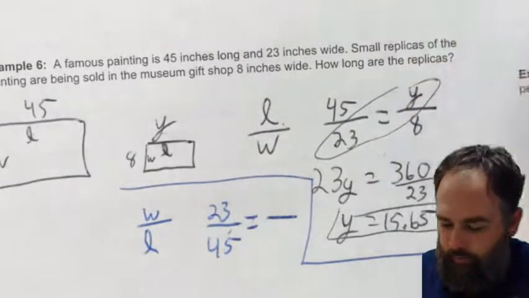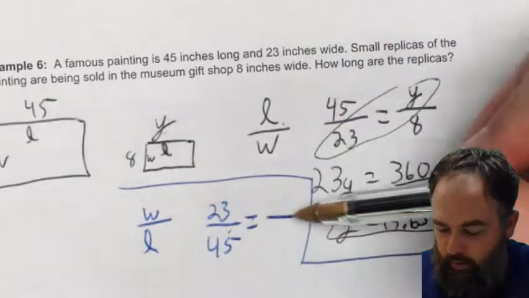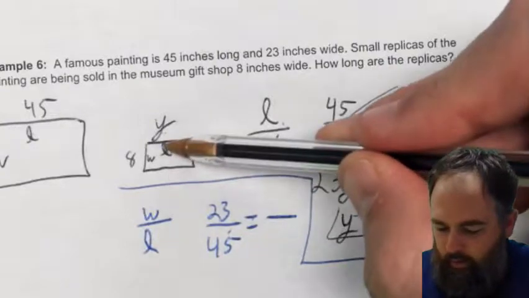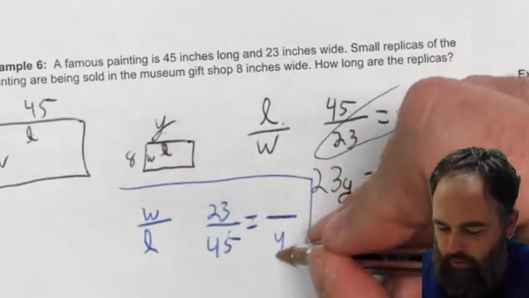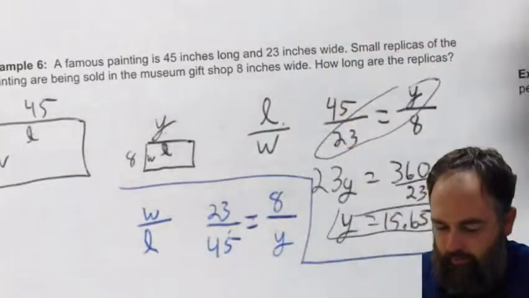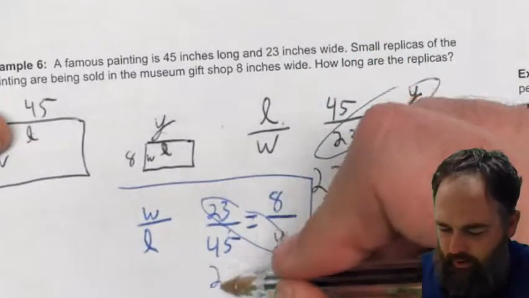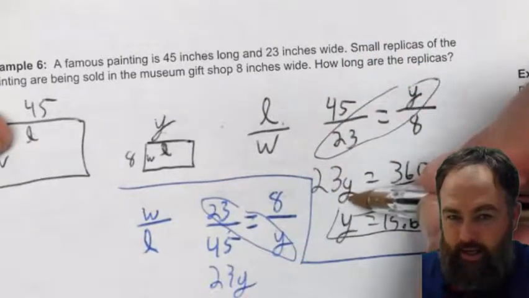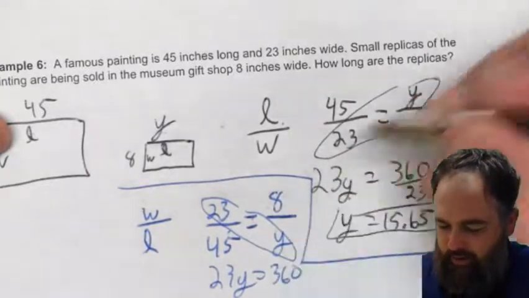All right, so let's try this. Hope you all got that right. Again, another pretty easy one. y is for the length, and length is on bottom, so that y is going to go on bottom. Here, we're going to put our 8 on top for the width. And you notice when I cross multiply, 23 times y still gives me 23y, just like I had before. 45 times 8 still equals 360.